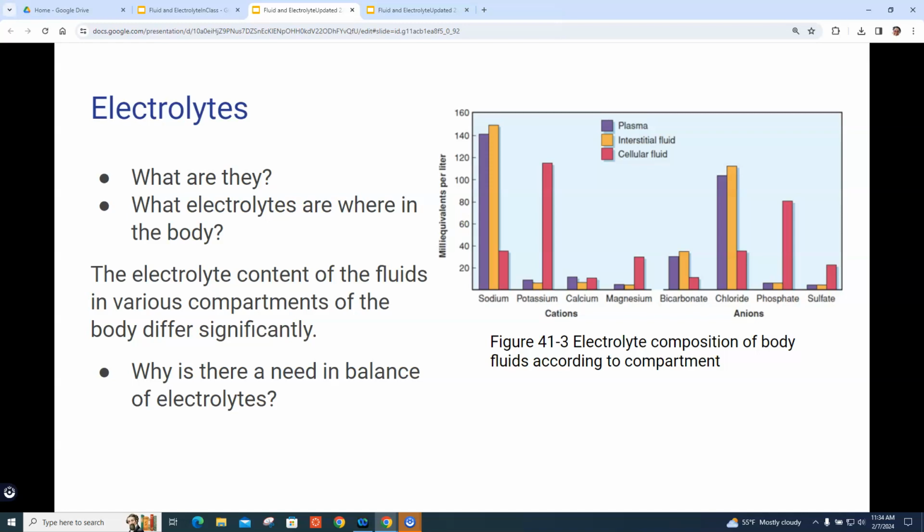What that means is the body needs to maintain a state of homeostasis, which means it's in equilibrium, everything is working as it should. And as you can see, based on the type of electrolyte, there are small numbers. Changes, whether high or low, can have a significant alteration in somebody's health.